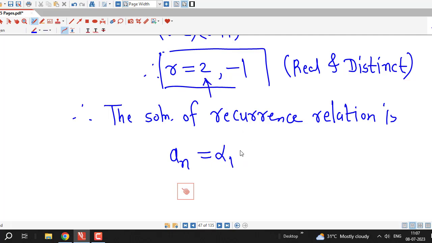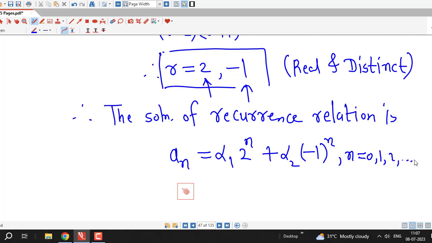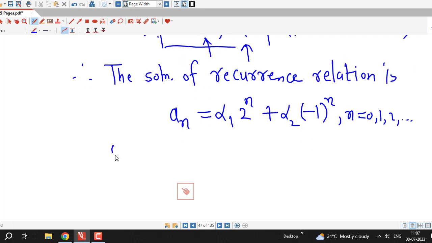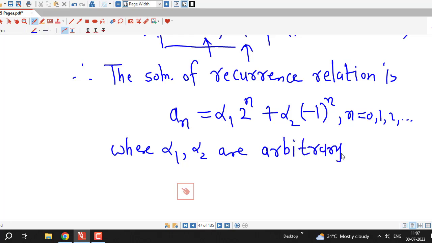We can consider r1 equal to 2, so alpha 1 into 2 raised to n plus alpha 2 into r2 raised to n, r2 is minus 1, and n equal to 0, 1, 2 and so on, and this alpha 1 and alpha 2 are arbitrary constants.